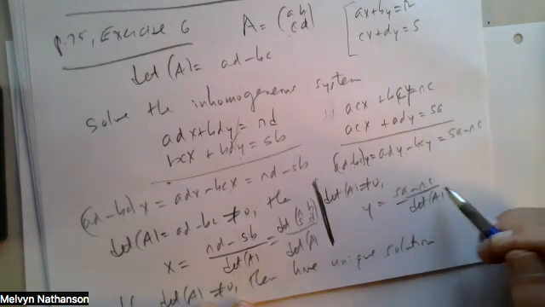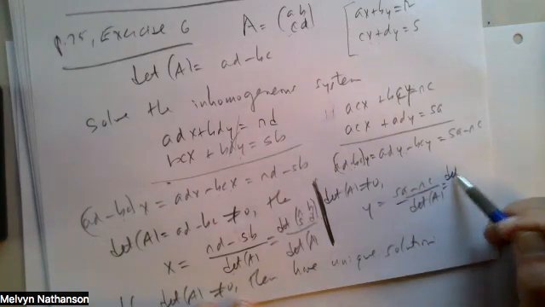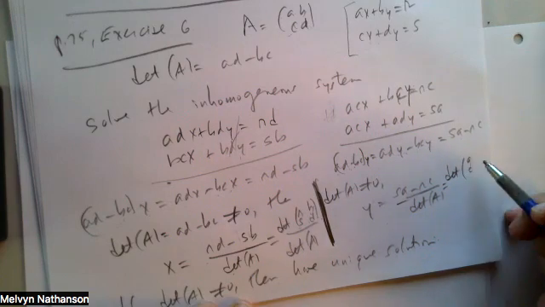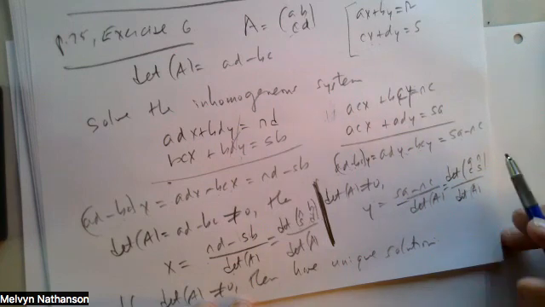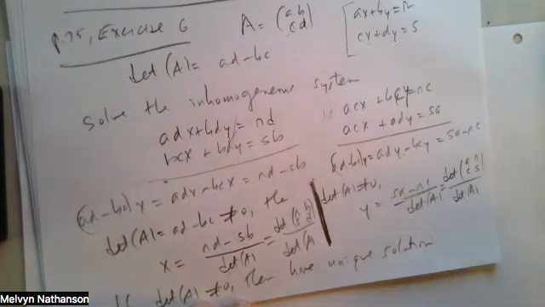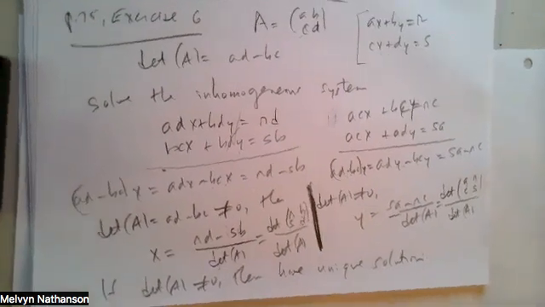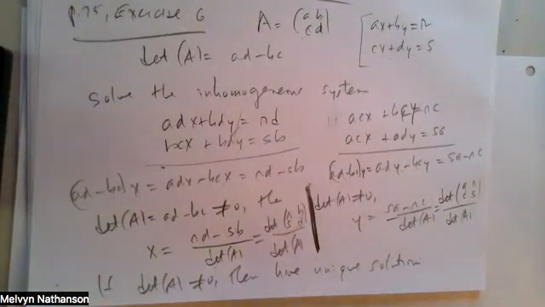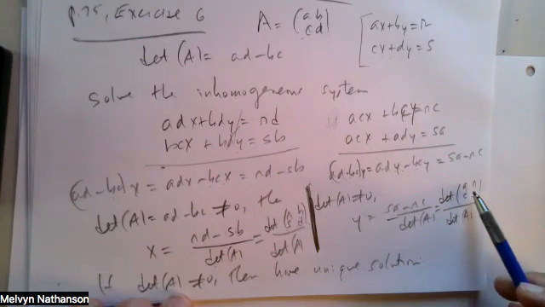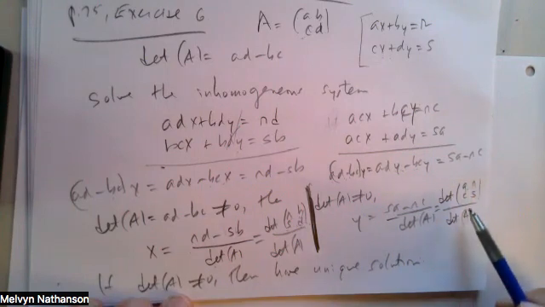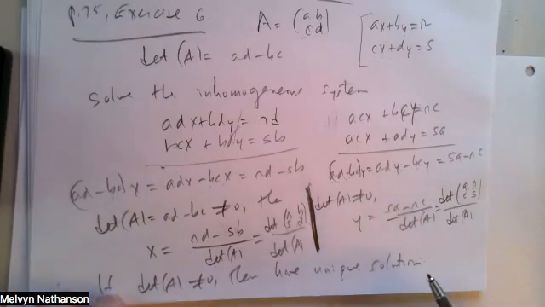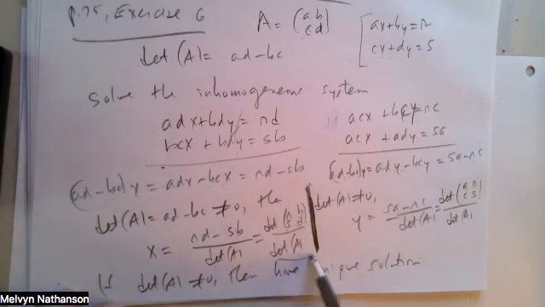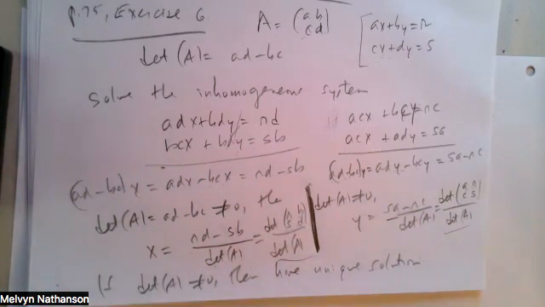And similarly, SA minus RC is the determinant of the 2 by 2 matrix A, C, R, S over the determinant of A, because again, the determinant of this 2 by 2 matrix is SA minus RC. So if the determinant is non-zero, the equations have a unique solution. And in fact, here's a formula for the solution. Okay.